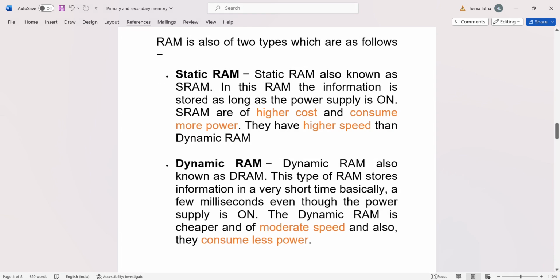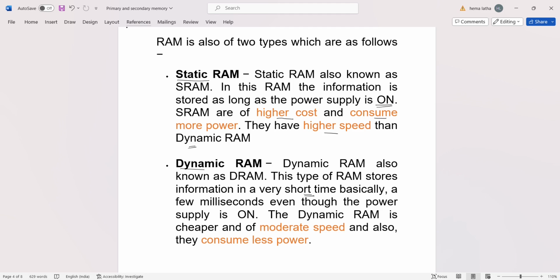What is that? SRAM, that is static RAM, and dynamic RAM. What is the difference between them? In static RAM, the information will be stored as long as the power is switched on. This SRAM is of high cost and consumes more power, but its speed is very much higher compared with the dynamic. And dynamic RAM stores information for a very short time only.